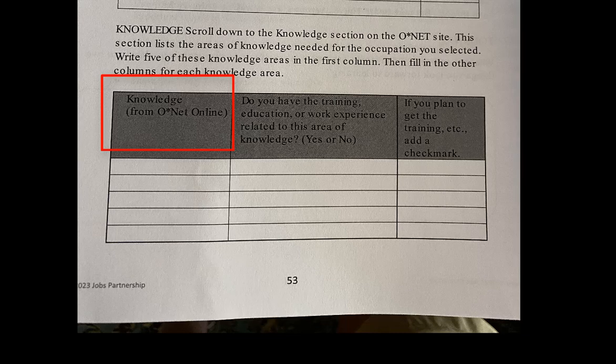After you have entered the knowledge items, complete the second and third columns. The second column asks if you have the education or experience related to the knowledge item in column 1. The third column asks if you are willing to get the necessary education for the knowledge item. Refer to the knowledge descriptions in O*NET to better understand what the knowledge item refers to.